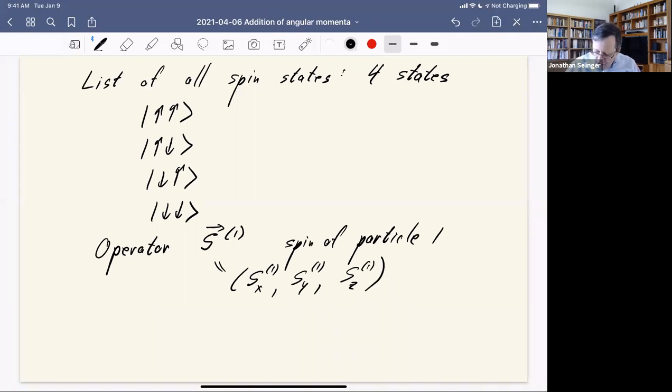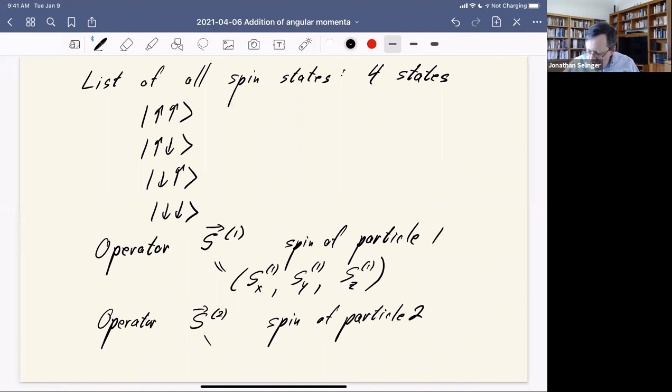And there's also an operator S2, that is the operator for the spin of particle 2. And this is a vector of operators. So it's Sx2, Sy2, Sz2.